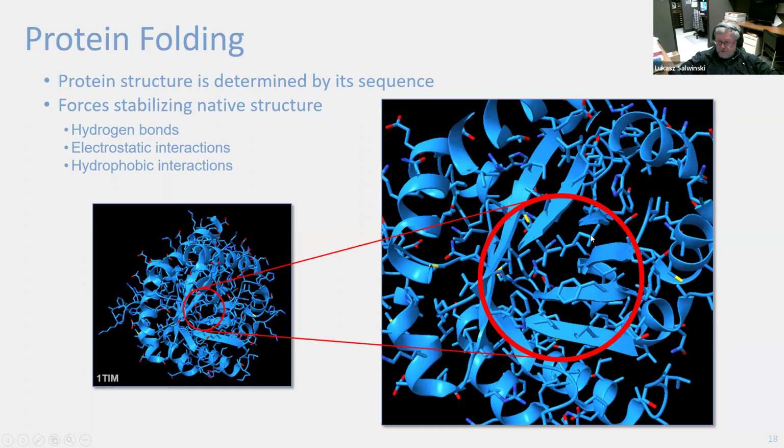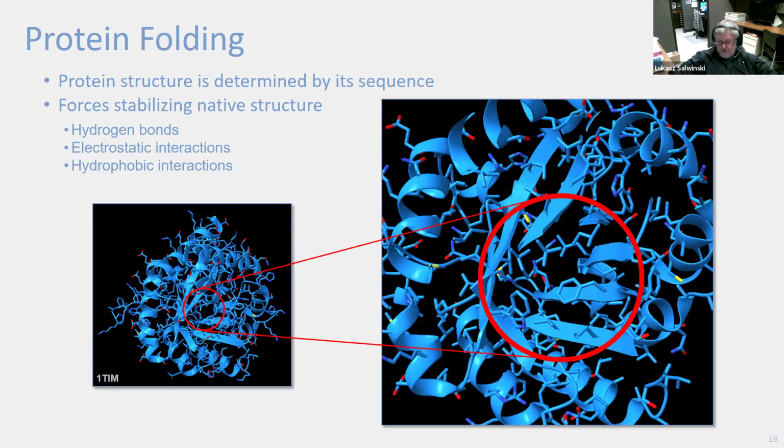You've got here, I think, isoleucine. Yeah, isoleucine here, I think. Here's another one. So most of the atoms within the protein structure are not polar, and this is due to the so-called hydrophobic effect. How does it work?